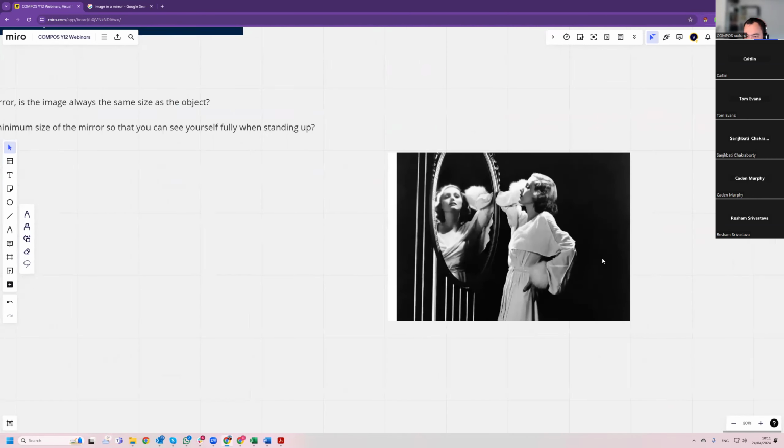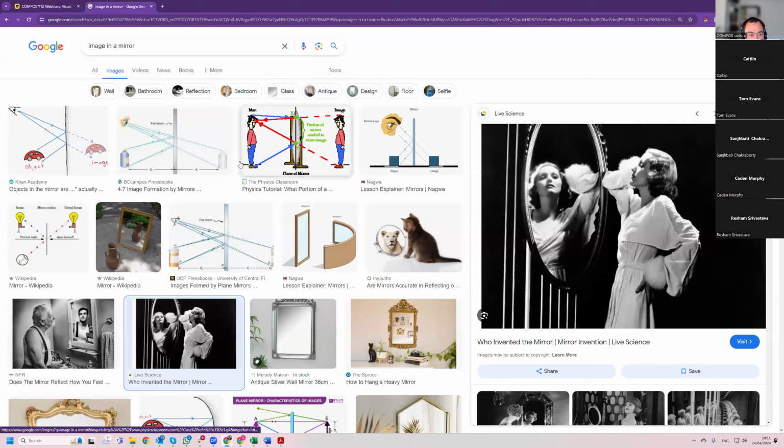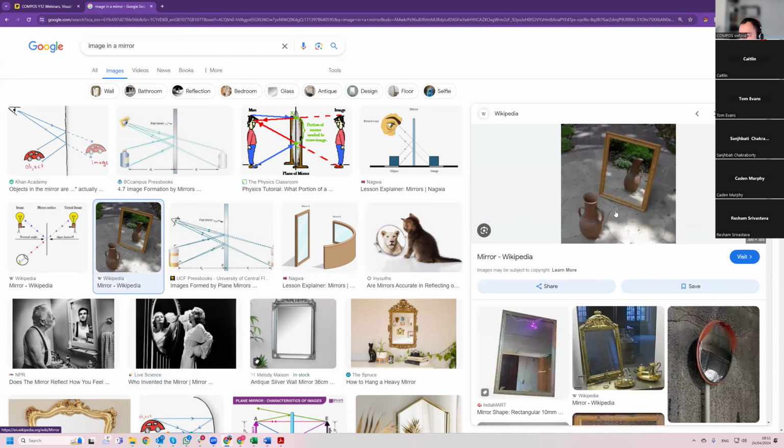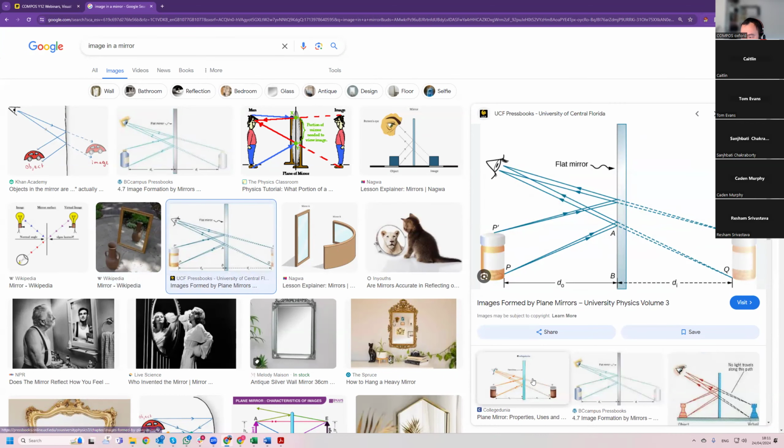That is true for mirrors. So for example, this one also.